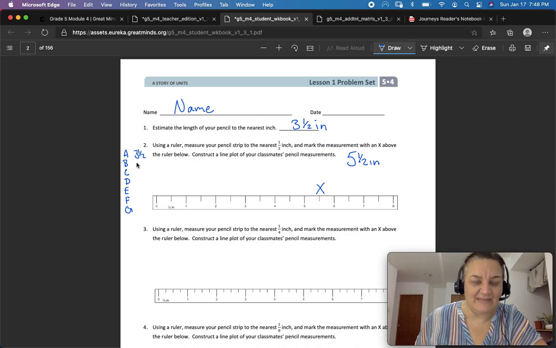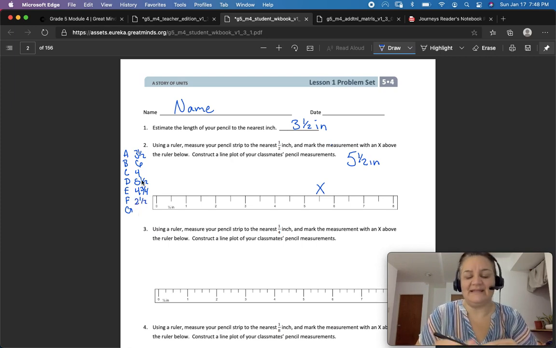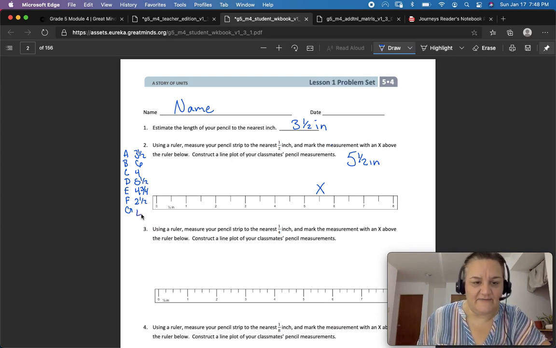And student B has a brand new 6-inch pencil. And student C has a 4-inch pencil. And student D has 5.5 inches. And student E has 4 3/4. Student F has 2.5. That's a tiny one. You know how some kids like to keep their pencils forever. And then student G has 4.